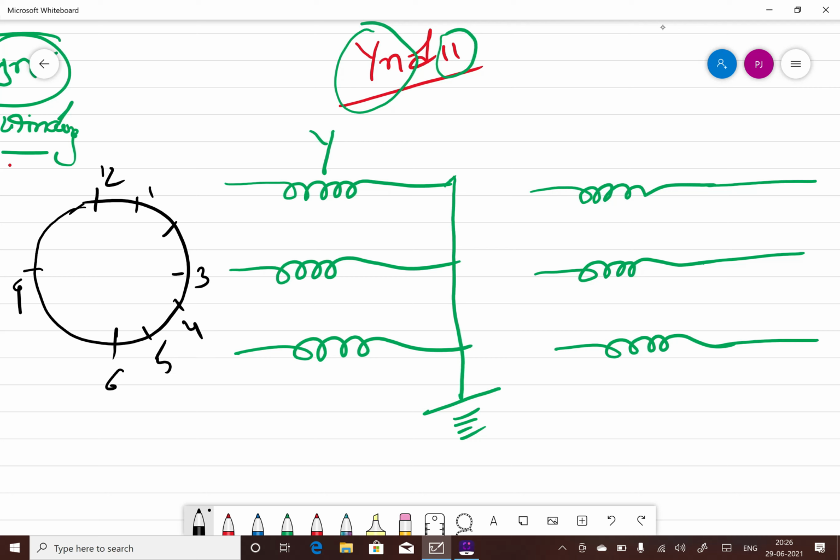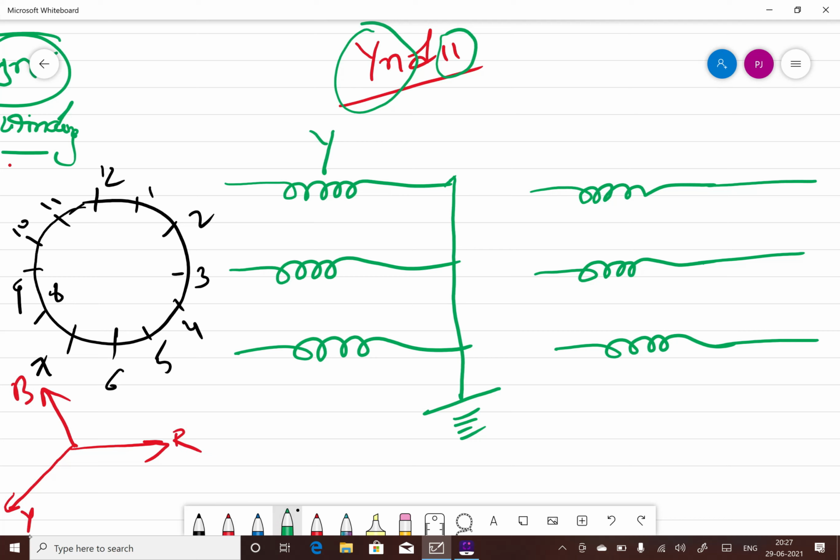Similarly, this must be 1, 2, this must be 7, 8, and this must be 10, 11. Now the first thing that you must understand is that in your RYB phase rotation, this is your R phase, Y phase, and B phase.